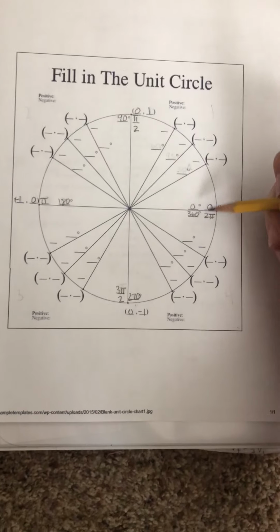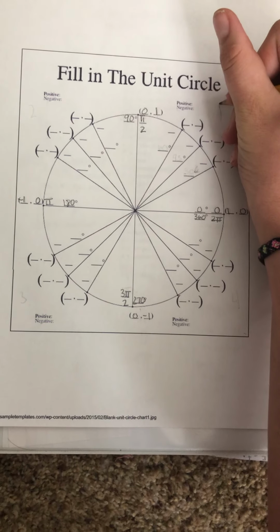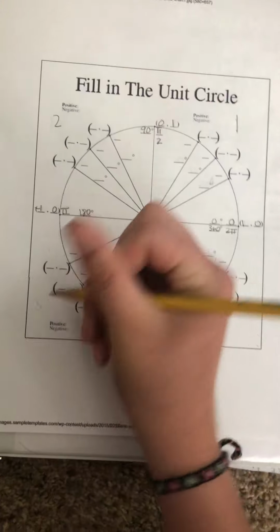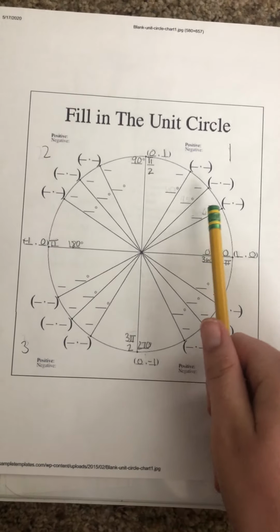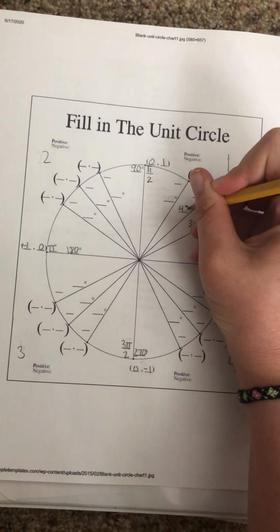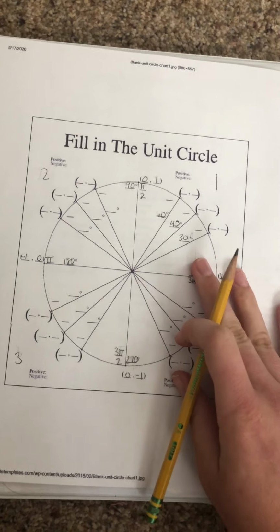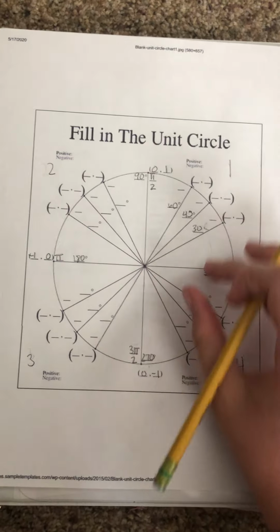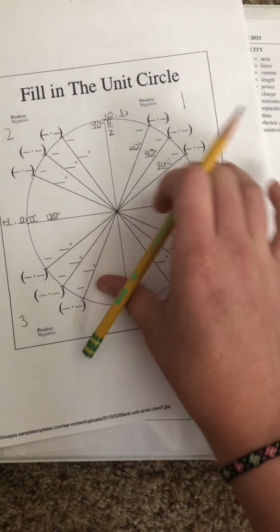Now we're going to fill in the rest of it. I'll show you how to fill it in for the first, second, third, and fourth quadrants. So first quadrant, this is going to be 30 degrees, this is going to be 45 degrees because it's half of the first quadrant, and 60 degrees. So this is either 1/3 of the first quadrant or 1/6 of the first 2 quadrants.